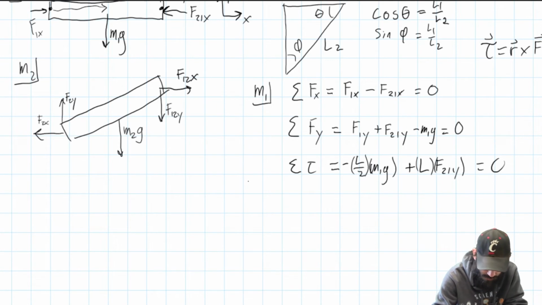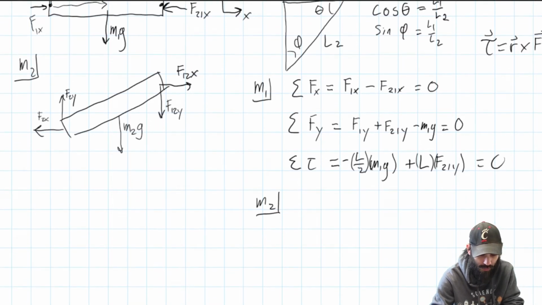So next thing that we can do is look at M2. Okay, so for M2, what we can do is exactly the same thing that we did before. We're going to sum our forces in the x direction. This is going to be equal to F12x minus F2x is equal to 0.